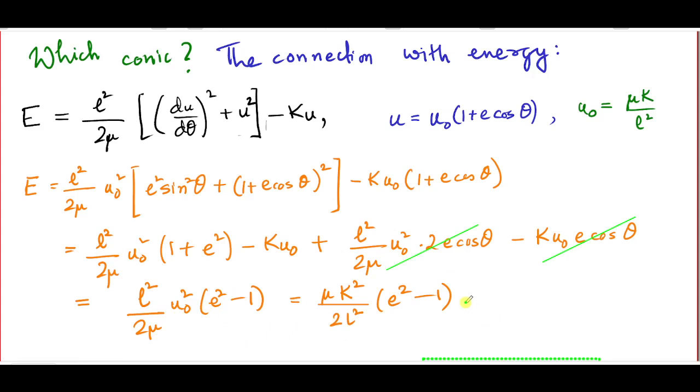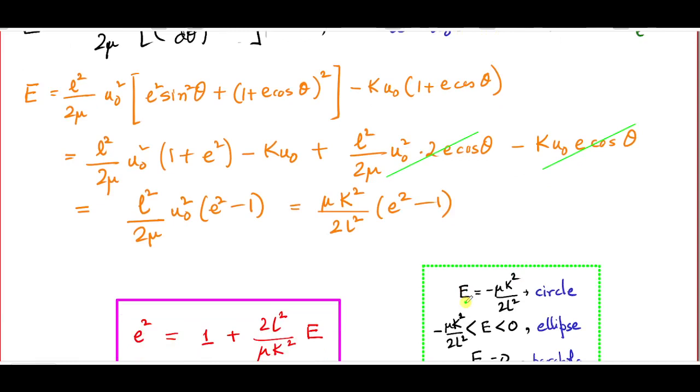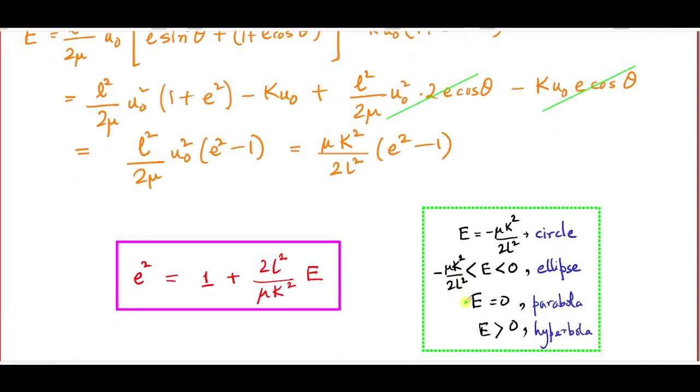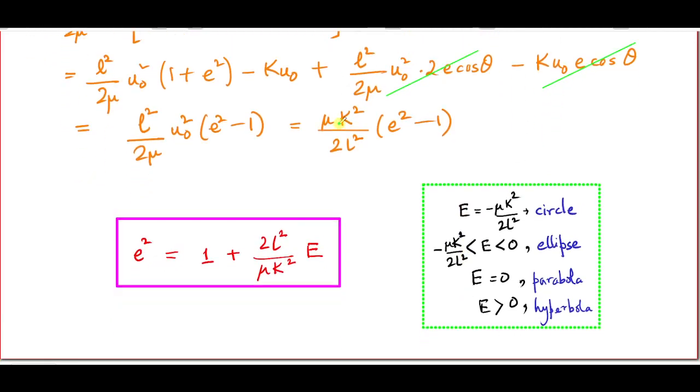So, the energy ultimately depends on mu, which is a constant for the given system, capital K, which again is a constant which describes the Kepler potential, L, which of course depends on the initial conditions, being the magnitude of the angular momentum. But more importantly than anything else, it depends on e square minus 1.